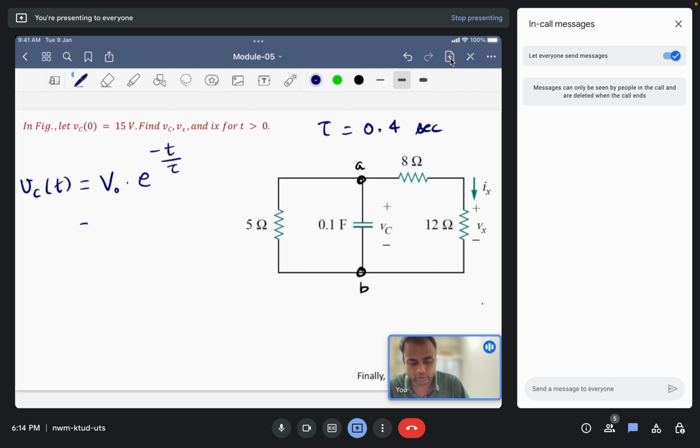V naught is given in the question as 15 volts, and we have just calculated tau as 0.4. Therefore this will become 15 e to the power minus 2.5t. So this will be the voltage drop across the capacitor.